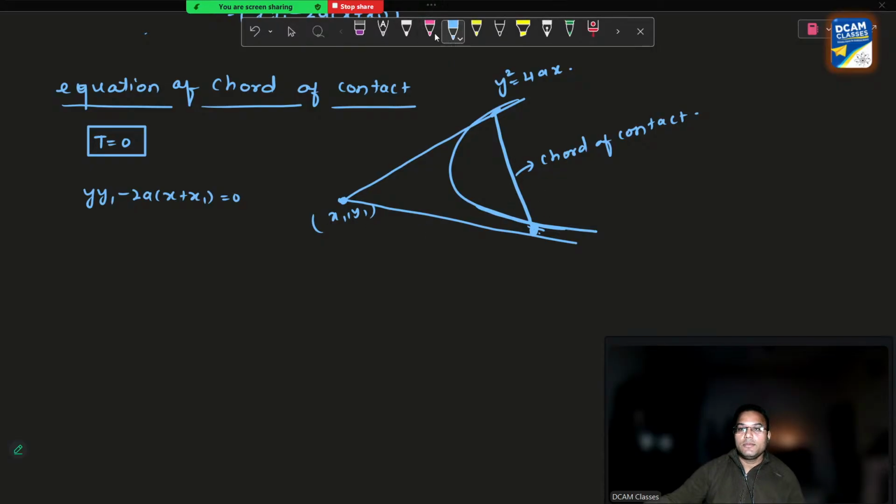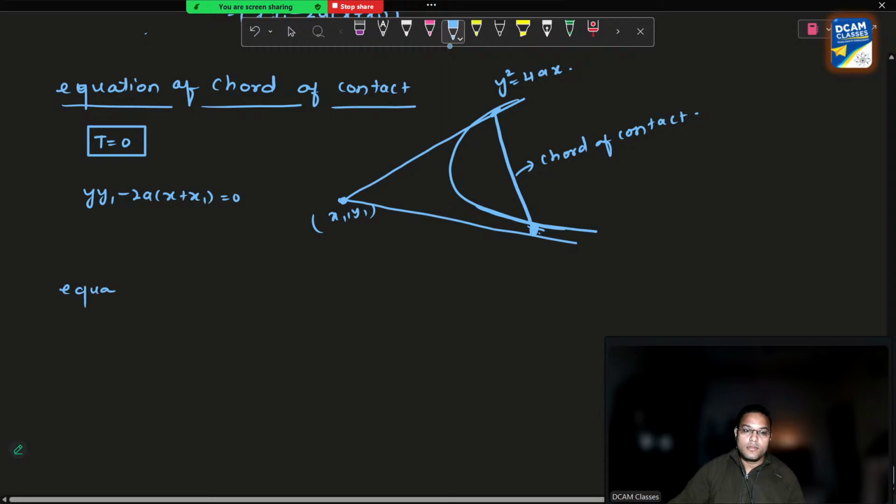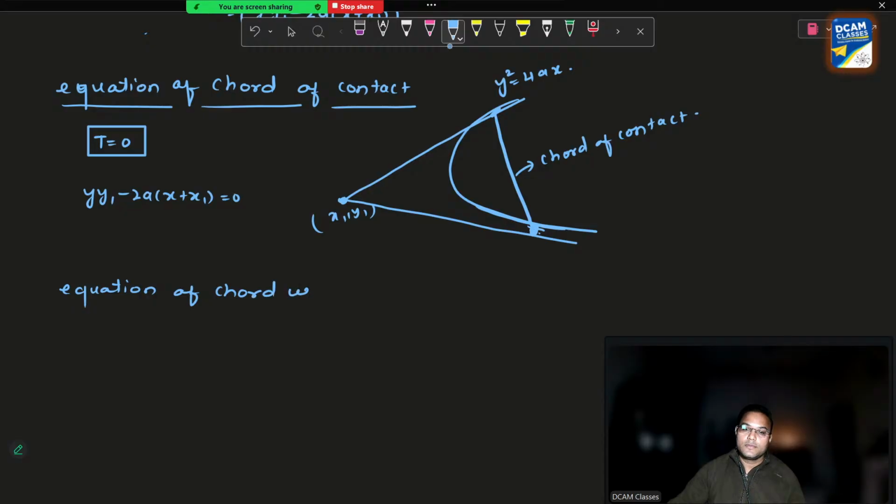One more result. Equation of chord with midpoint as x1 comma y1.